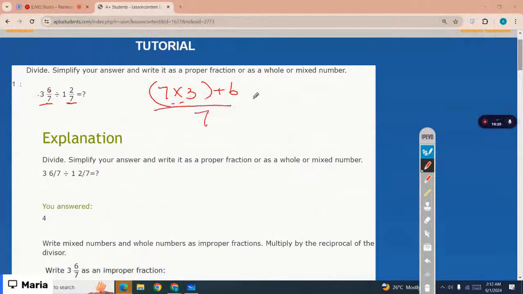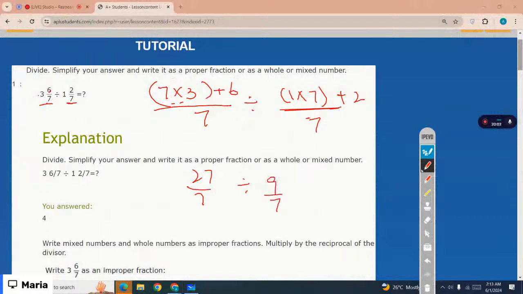That is 7 times 3 is 21, 21 and 6 is 27, so 27 over 7. Do the same thing: 7 times 1 is 7 and 2 is 9, that is 9 over 7.